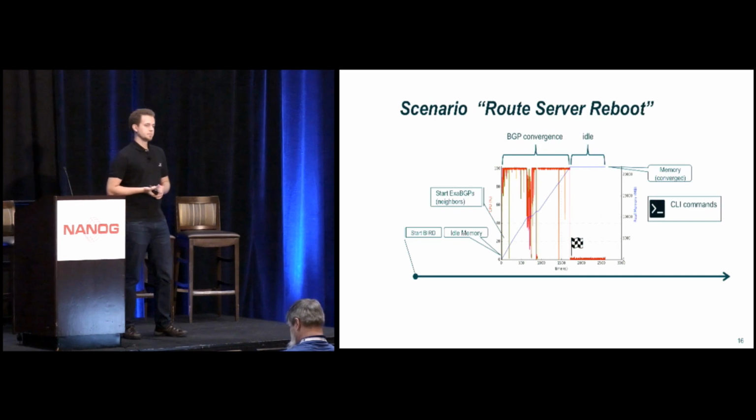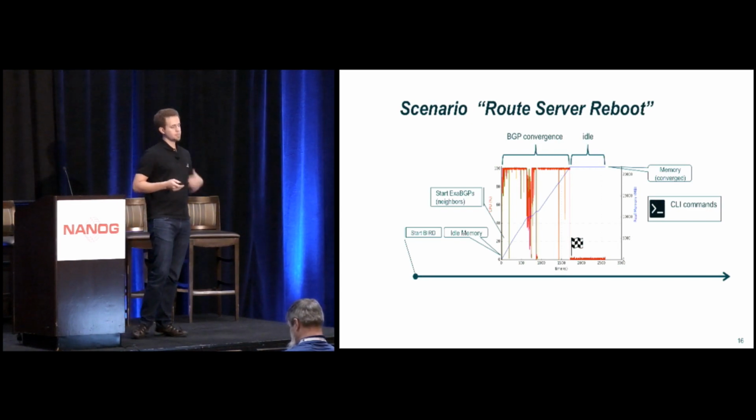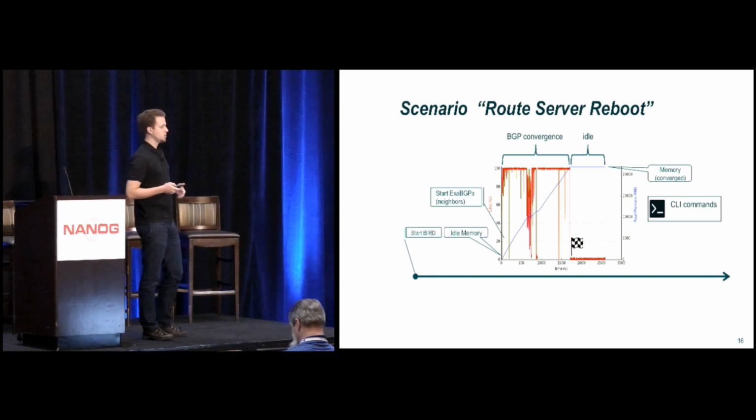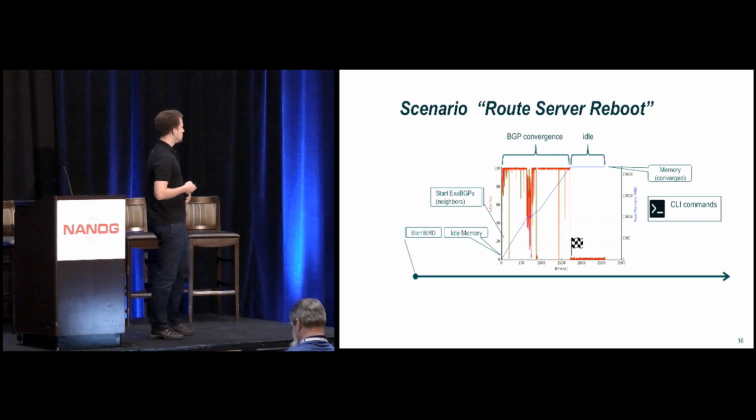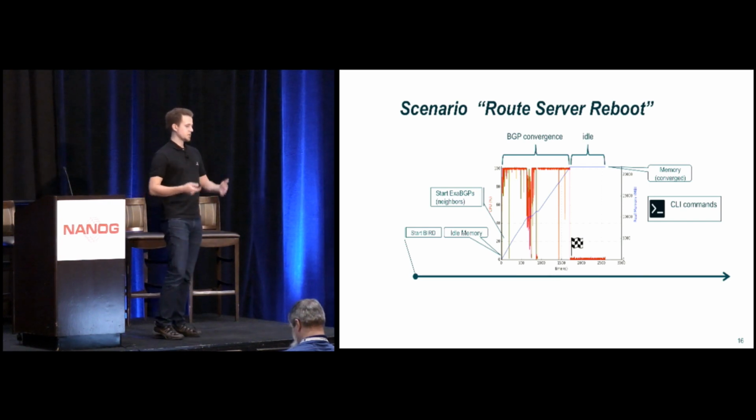Okay, before we go through the evaluation, I will briefly explain what you can see there. I'm plotting CPU usage in red and memory consumption in blue. In the beginning of one of those test runs, we are starting BERT. Then we look at the idle memory use. Then we start all the simulated peers and wait until the system converges.